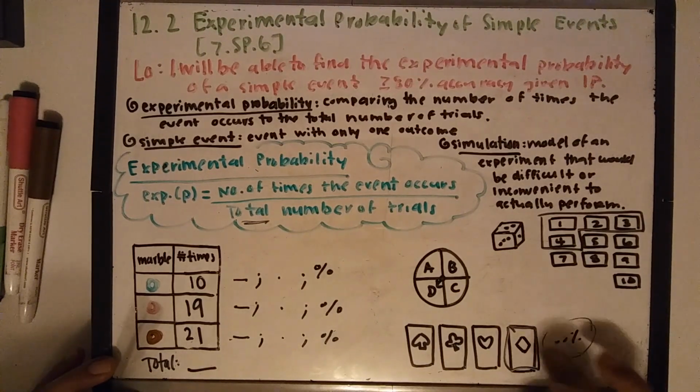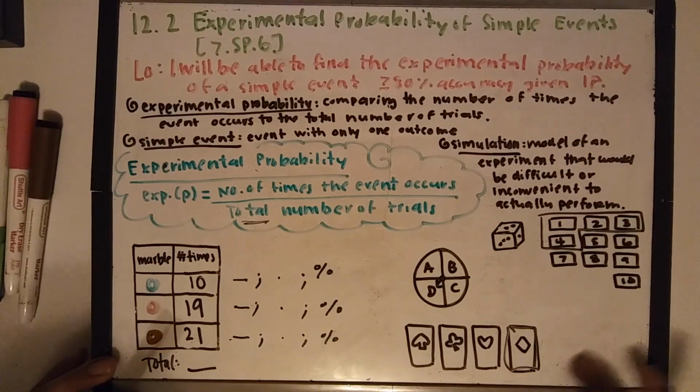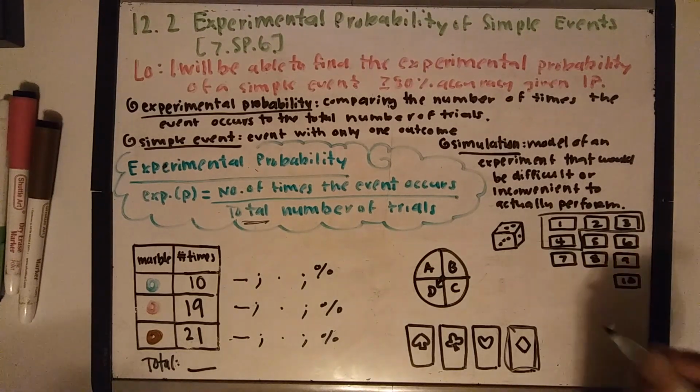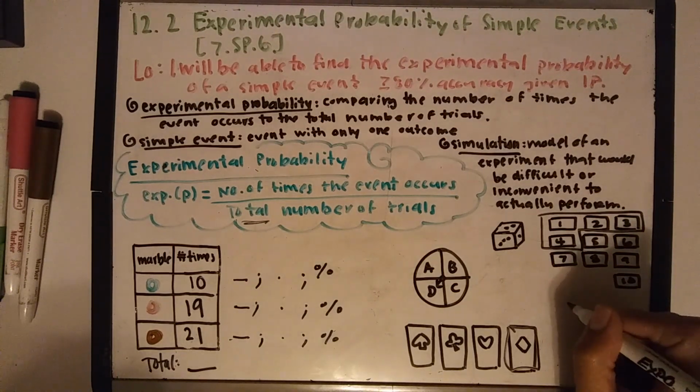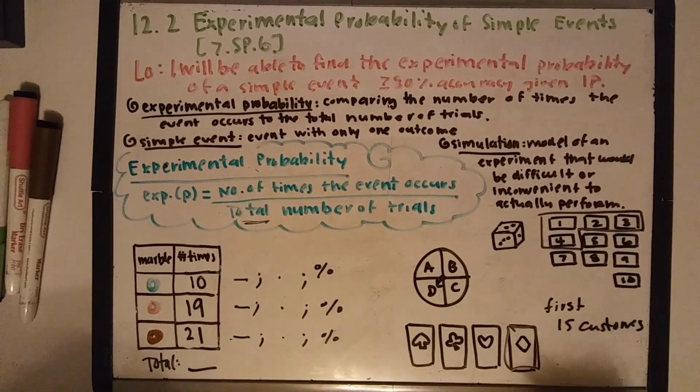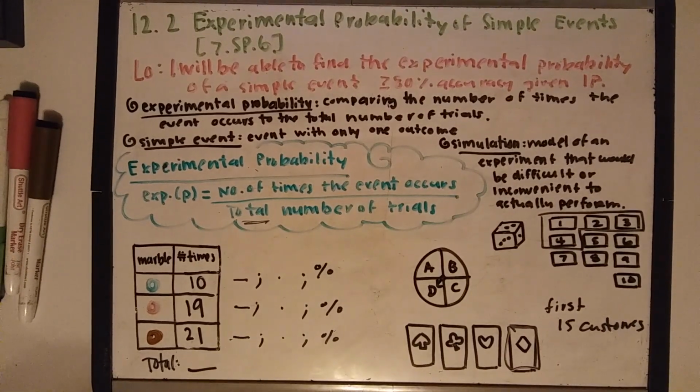We'll talk a little more about this in class, but let me give you a question, and then you can tell me what you can use to do a simulation. Pretend that 1 out of 6 people that go into a store buy more than $100, and you want to see, out of the first 15 customers, how many of those are going to buy more than $100.